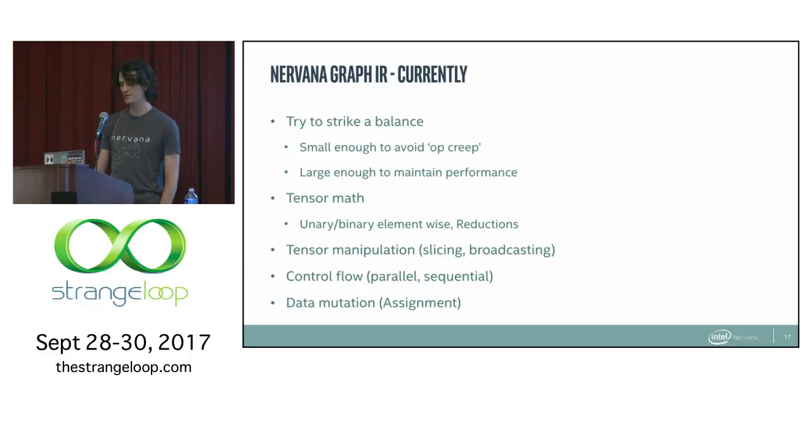And we have support in the graph for parallel ops and sequential ops, so basically the ability to schedule computations to be performed in parallel. And then we have support for assignment to different memory buffers and other sorts of data mutation.